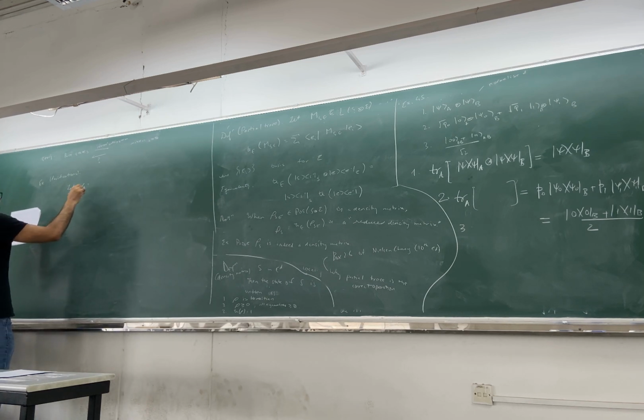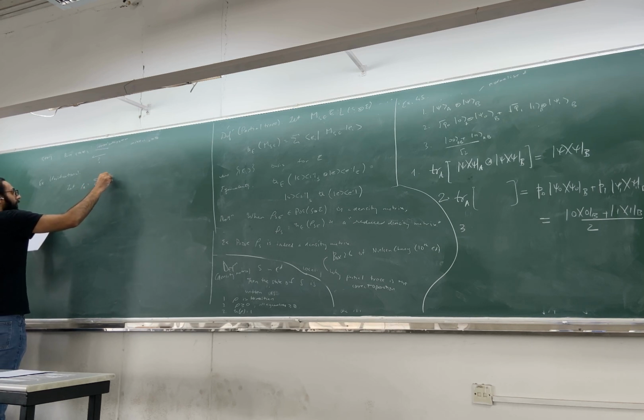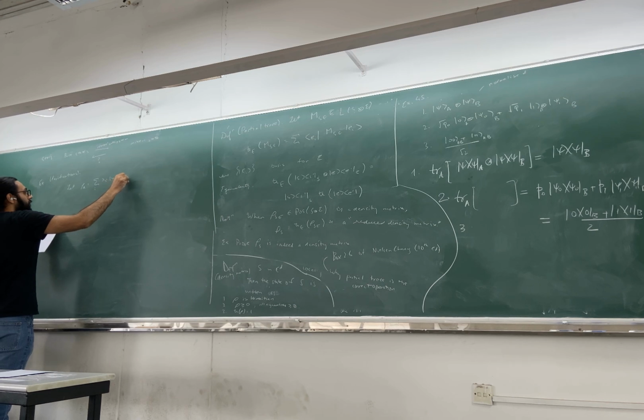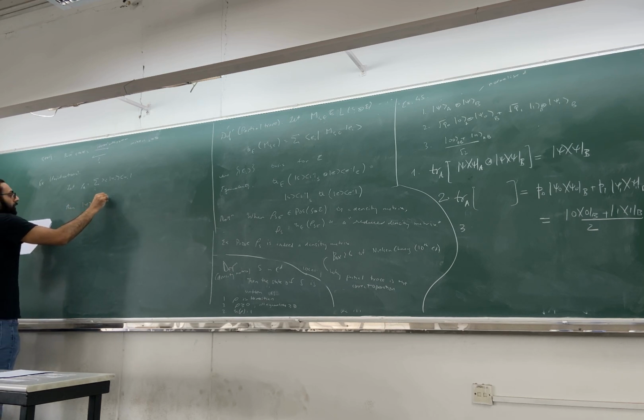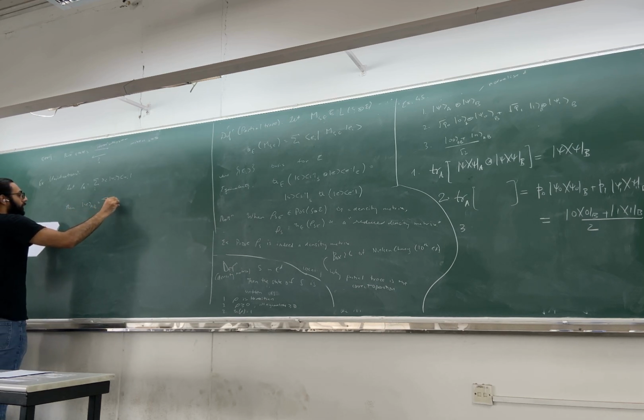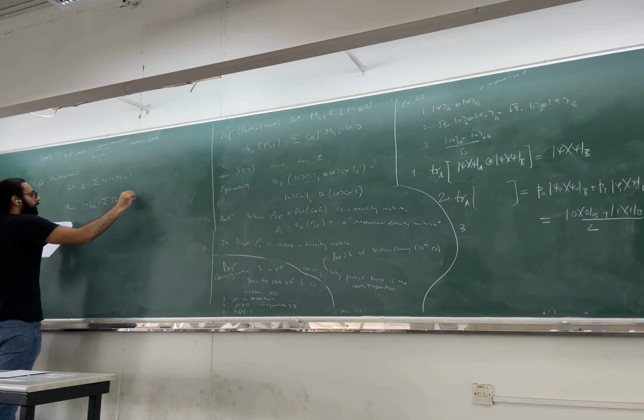So suppose that you're given rho A, and rho A is of the following form: the sum of lambda i, u_i. This we can do. Then psi AB, which is just the sum of root lambda i, u_i.